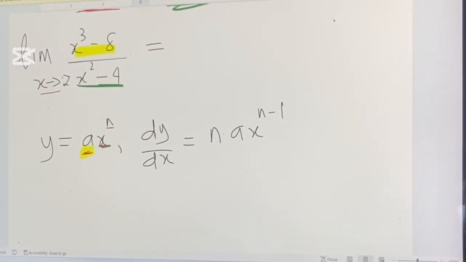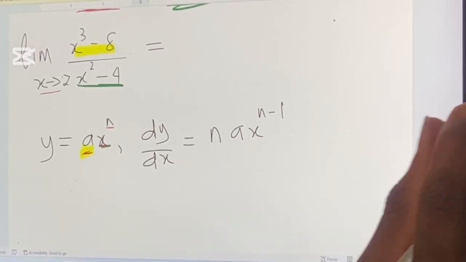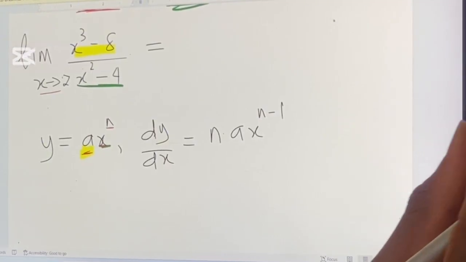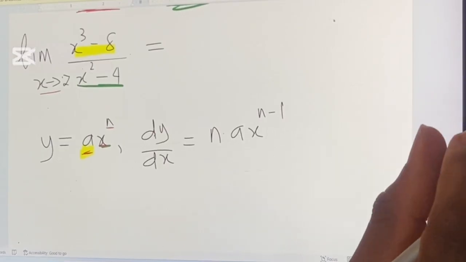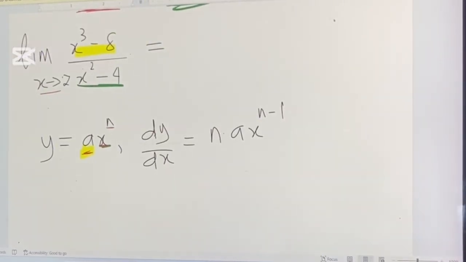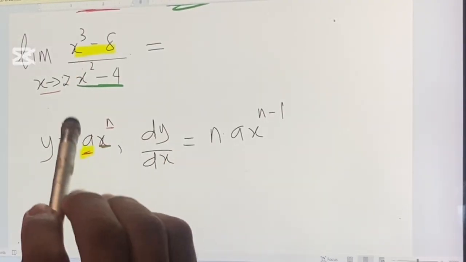And what is a constant in a function? A constant is any digit that has no letter attached to it. So whenever you want to differentiate a constant, the derivative or differential coefficient of a constant is equal to 0.